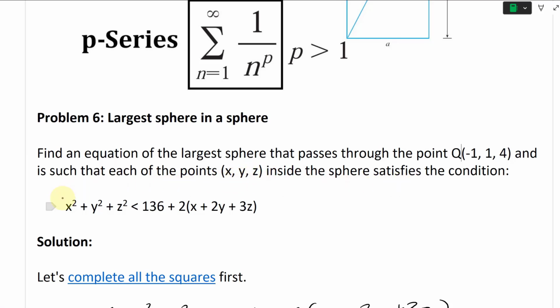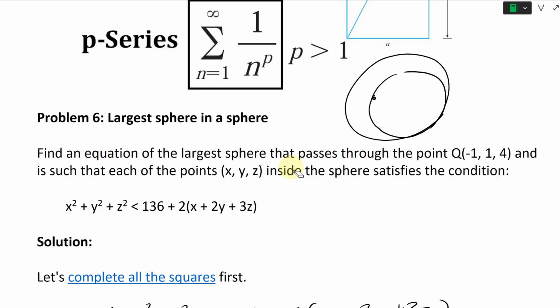So we need a sphere that lines up with this, but whose inside also satisfies this condition. So it's going to be a subset, a sphere inside a sphere.